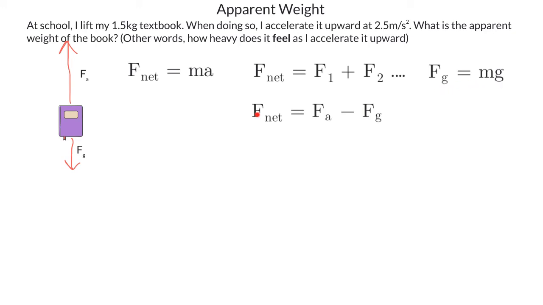To find Fnet, I need mass and acceleration. I've got mass, I've got acceleration. To find Fg, I need mass, which I've got, and I need gravity, which I know is a value of 9.8 here on Earth's surface. So I can figure out these values.